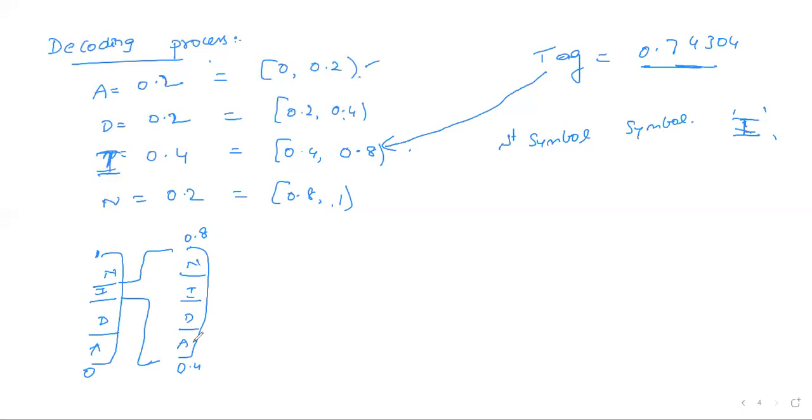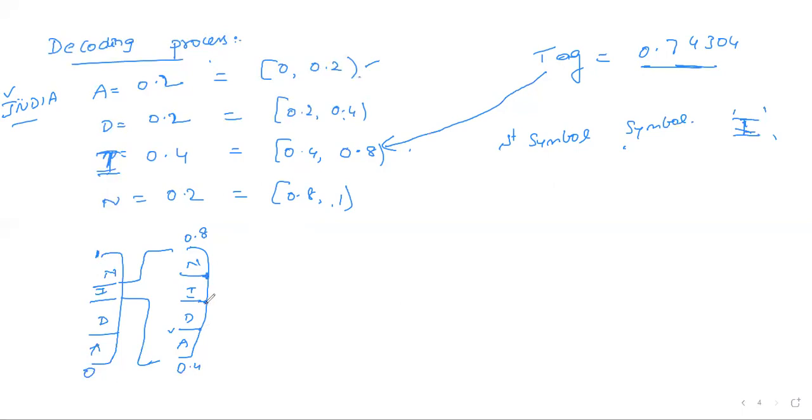So in the decoding process, we don't know the next symbol to transmit, right? Previously I said INDIA, so after I you have to transmit N. But in decoding we don't know the next symbol. For that purpose, you have to calculate every interval.